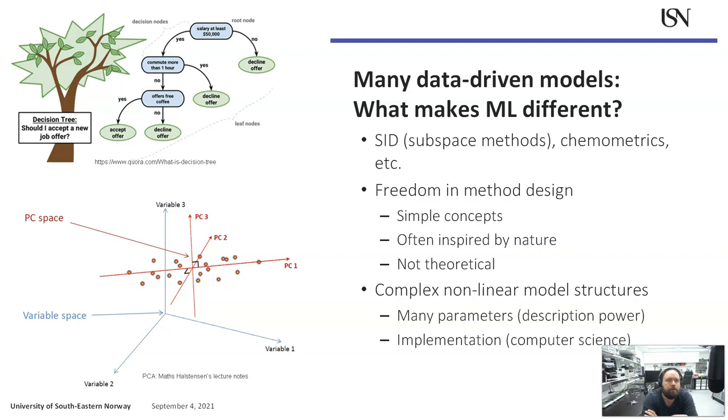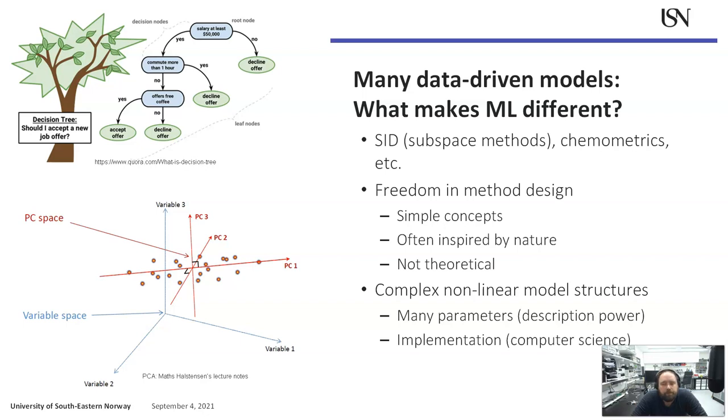So you don't just have one such tree, you have a whole bunch of them put together to form a model. Then it becomes a very, very complex nonlinear model structure, which is very hard to analyze theoretically, very hard for a human to understand and read. But for a computer, that's not a problem, because each little piece of the model is simple and therefore fast to compute. So having a high number of them doesn't necessarily pose a problem for the computer.